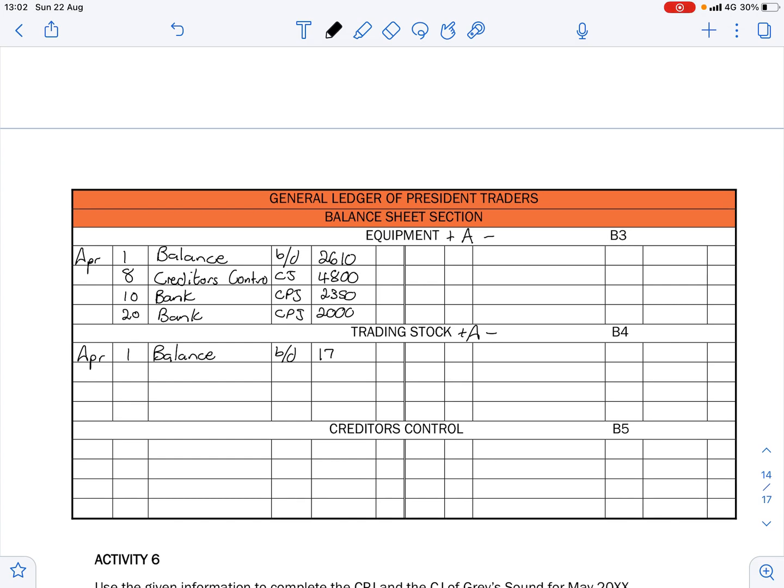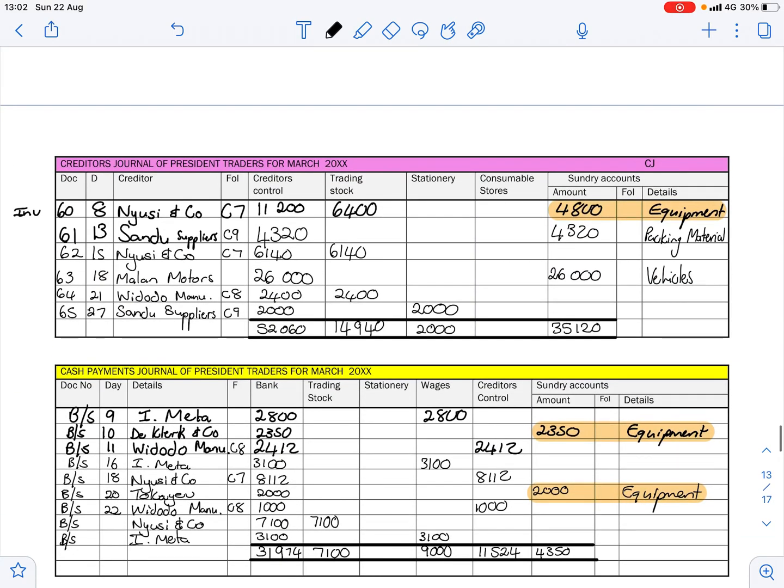Now, ordinarily we sell trading stock, so we would have cost of sales on our credit side showing those sales and our trading stock decreasing. But today we only have a creditors journal and a cash payments journal, both of which have their own columns.